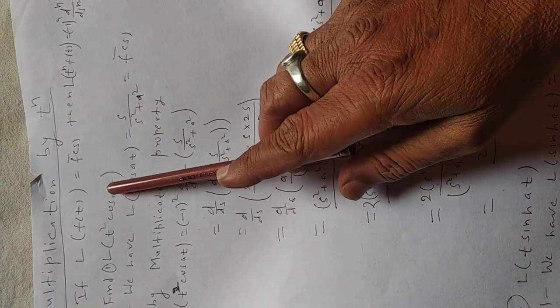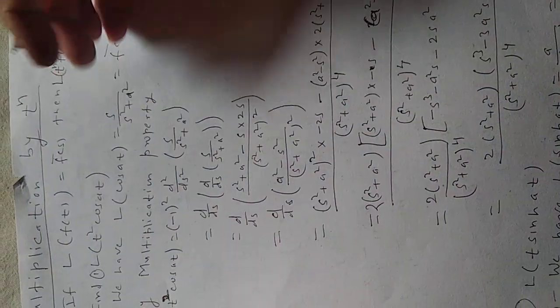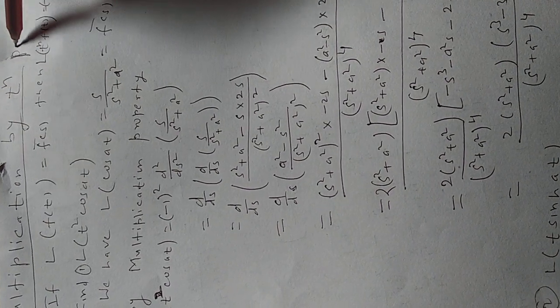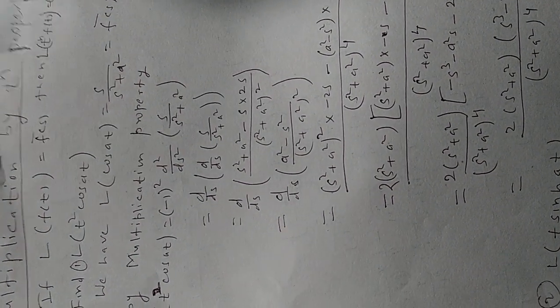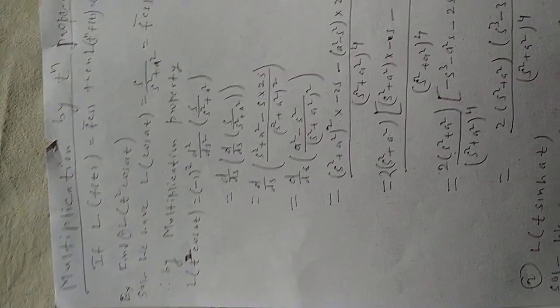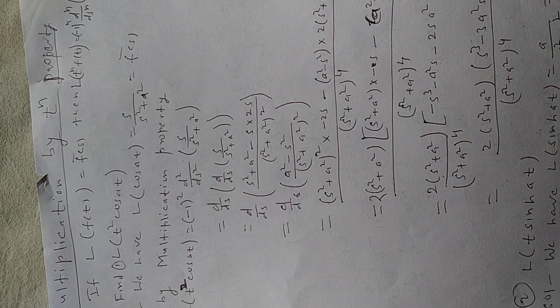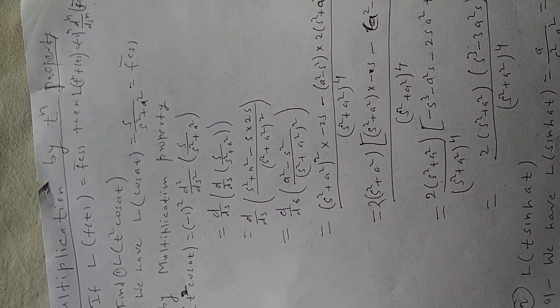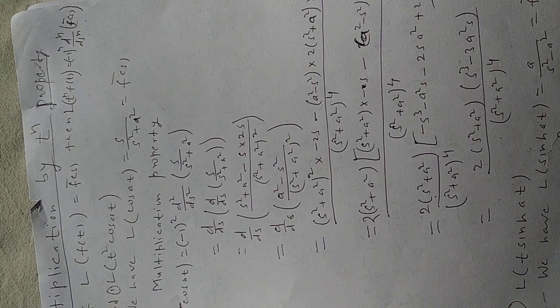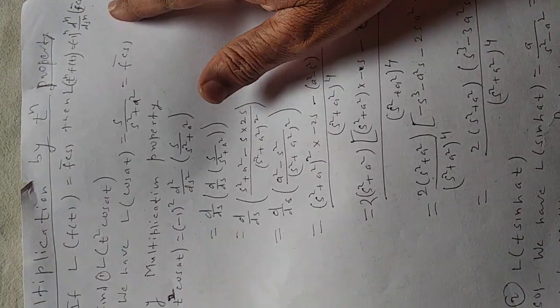So I will repeat. What is the property? If Laplace of f(t) equals f bar of s, then Laplace of t raised to n into f(t) is equal to minus 1 raised to n, the nth derivative of f bar of s with respect to s.